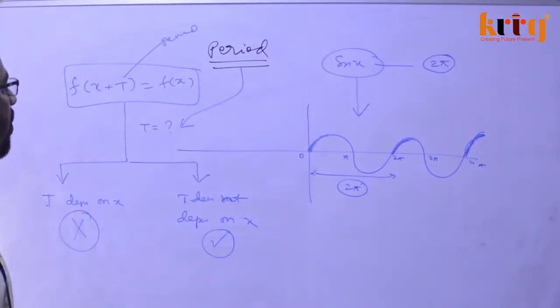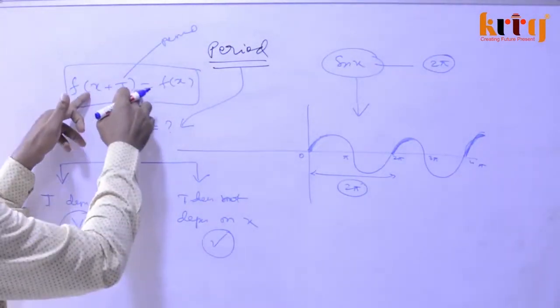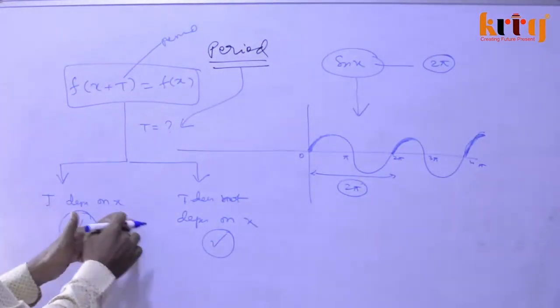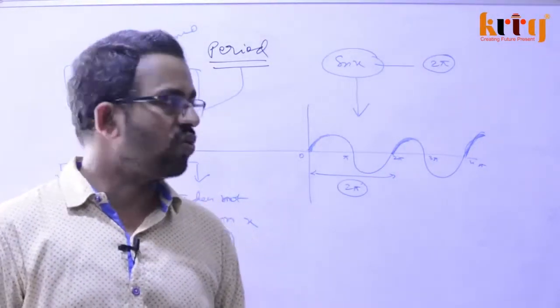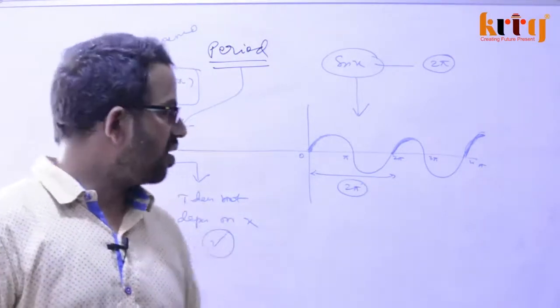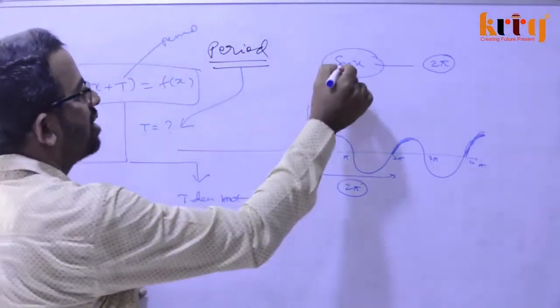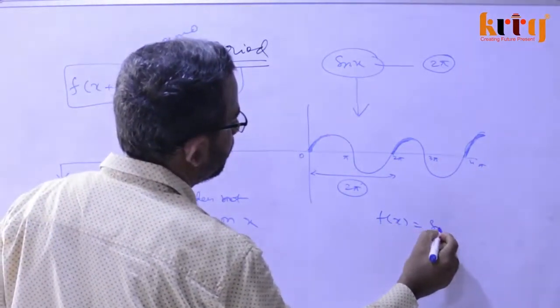So whenever you take a function and find the value of t using this formula, if t depends on x, then you can say that the given function has no period. That means the same shape with the same value you won't get. Otherwise you will get it. For example, take this function: sin x is our f of x.